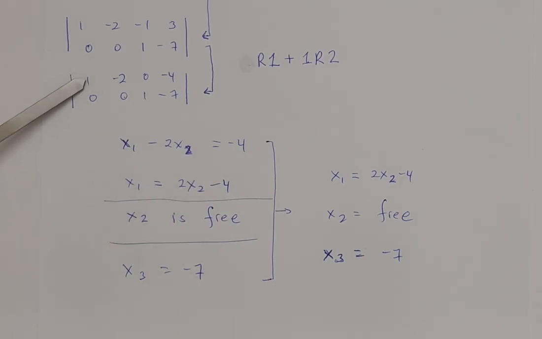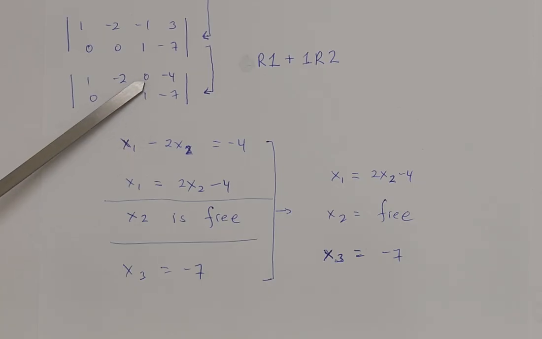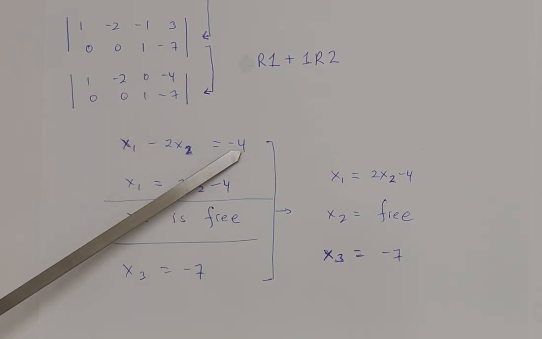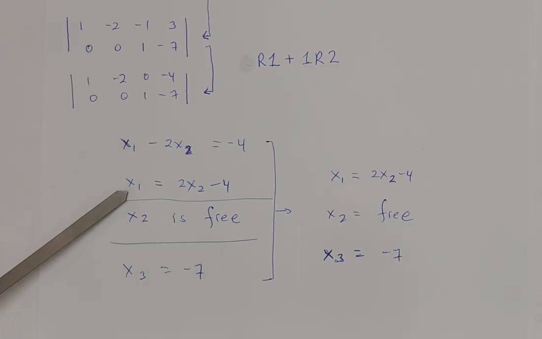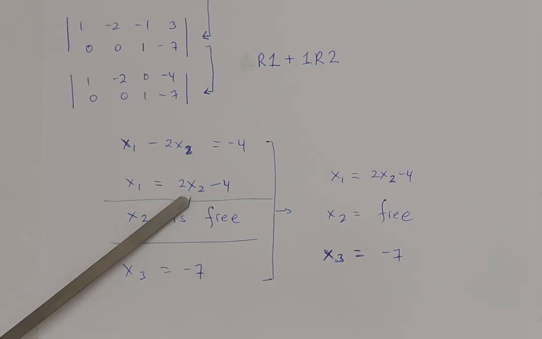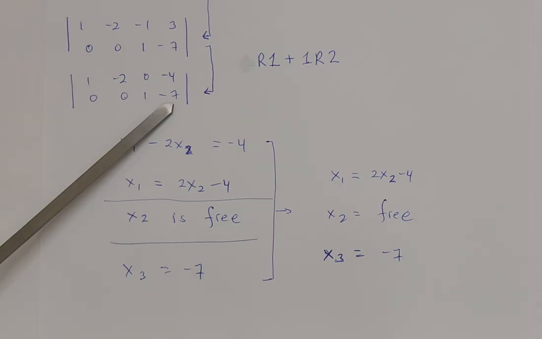So 1x1 minus 2x2, there is no x3, so we skip, equal -4. Now we solve for x1, so bring the x2 over, so this is negative, so it becomes +2x2 minus 4.